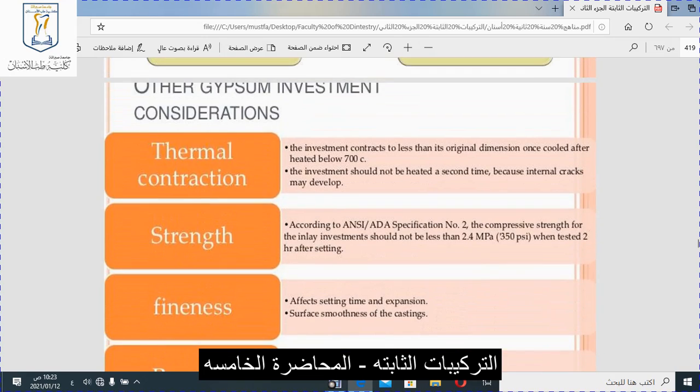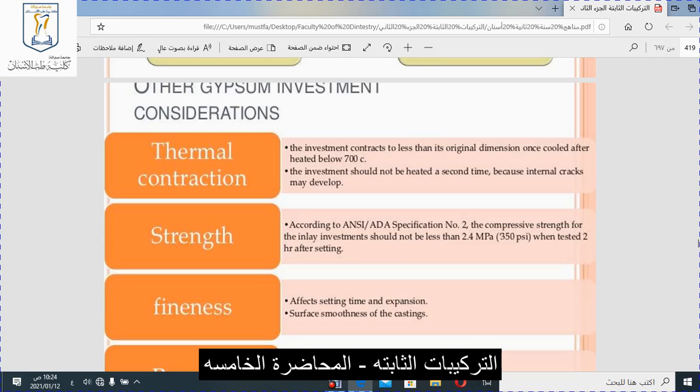So to avoid this problem, we take silica gel to do two things: to give smoothness to the cast after casting, for easy finishing, and to prevent bubbling. The bubbling effect will be prevented.